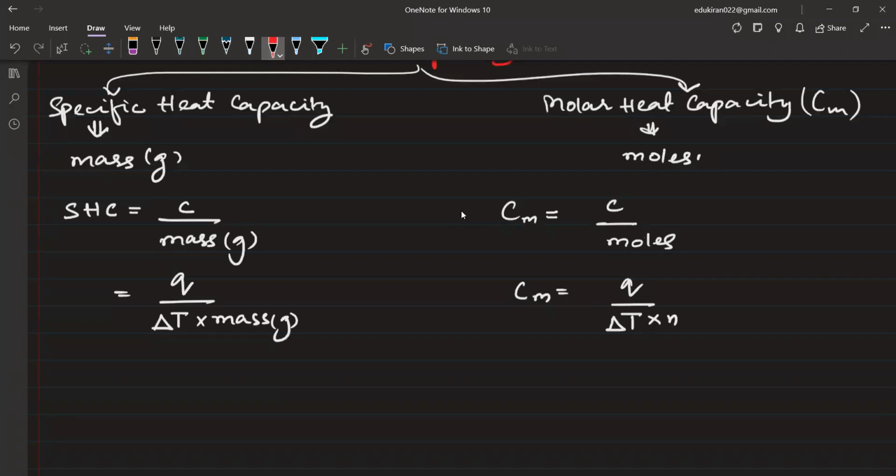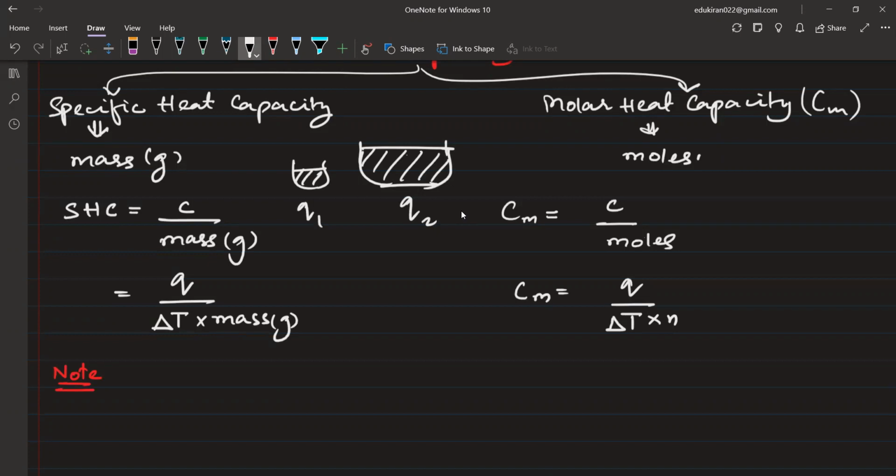Write a note here, very important. Please see here, guys. I want to change the temperature of these two water bodies, A and B, by 1 degree Celsius.